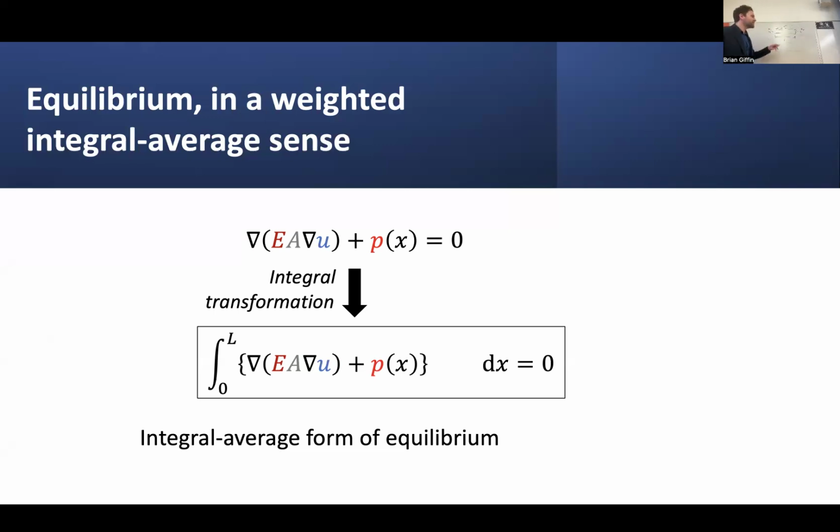Now, if we wanted to do some kind of statement of equilibrium, let's say over a finite slice that had some discrete length, delta x or something like that, what we could do is take this same integral, but then plug in some kind of special function that has zero value here, but is equal to 1 over this sub-chunk.